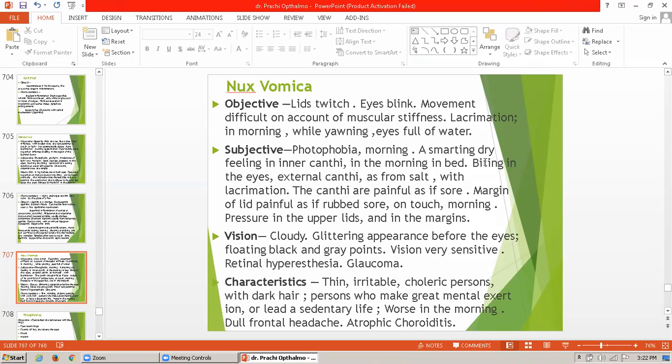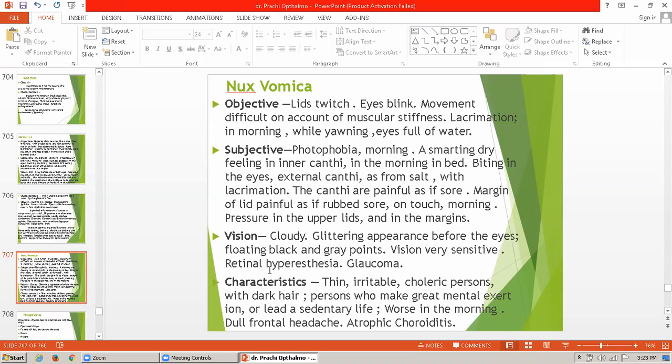A smarting, dry feeling in the inner canthi in the morning in bed, and biting in the eyes with the external canthi, as with lacrimation. The canthi are painful as if sore, and the margins of the lid are painful as if rubbed sore on touch. There is a morning pressure in the upper lid and in the margins.